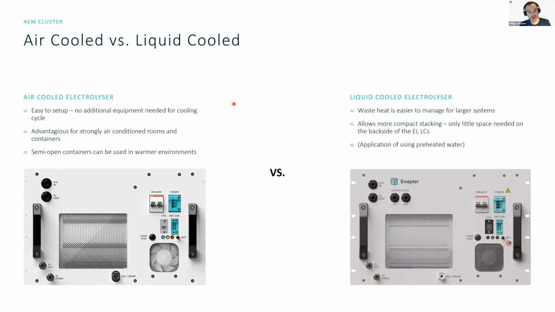Now I would like to talk about the air-cooled versus the liquid-cooled electrolyzer. Both modules are very similar. However, there are some little differences. For example, the air-cooled electrolyzer is easier to set up because you don't need any additional equipment for your cooling cycle. It has a huge fan included, which automatically cools down the electrolyte inside the unit. It's advantageous for strongly air-conditioned rooms and containers.